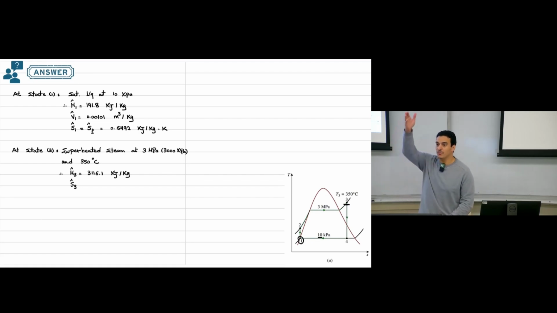Because we know that the path 3-4 is isentropic, so the entropy at point number 3 is the same as entropy at point number 4. And this entropy will be 6.745 kilojoule per kilogram Kelvin.